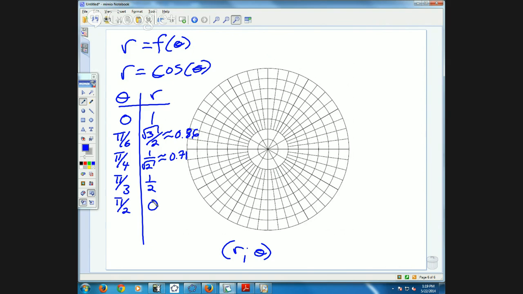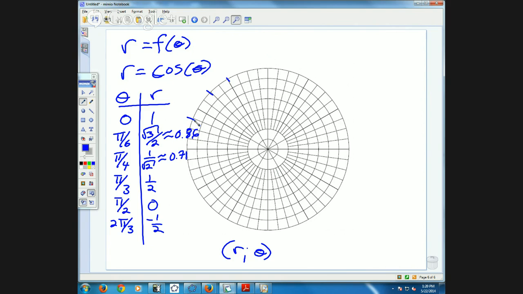Let's do a few more points. What's the next special angle? 2 pi over 3. It is negative 1/2. So here's 2 pi over 3, and then we have 3 pi over 4, and then we have 5 pi over 6.